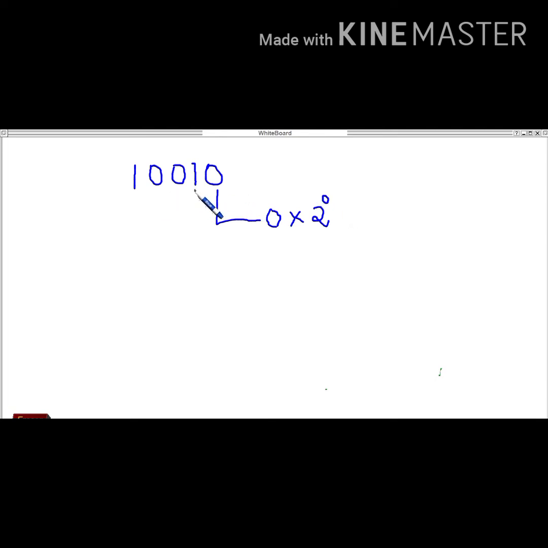So next digit we will take 1 into 2 to the power, this time the power will increase to 1, so 2 to the power 1. Next digit is again 0. We will multiply it again by 2, but this time the power will be 2.